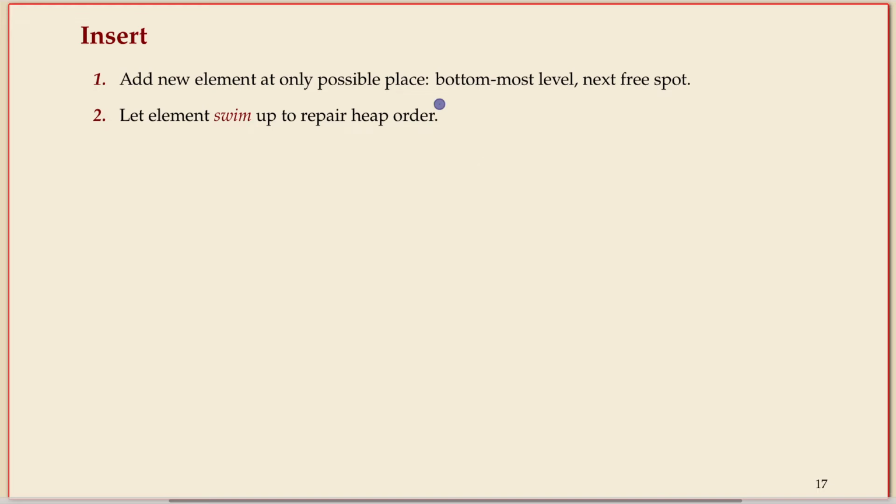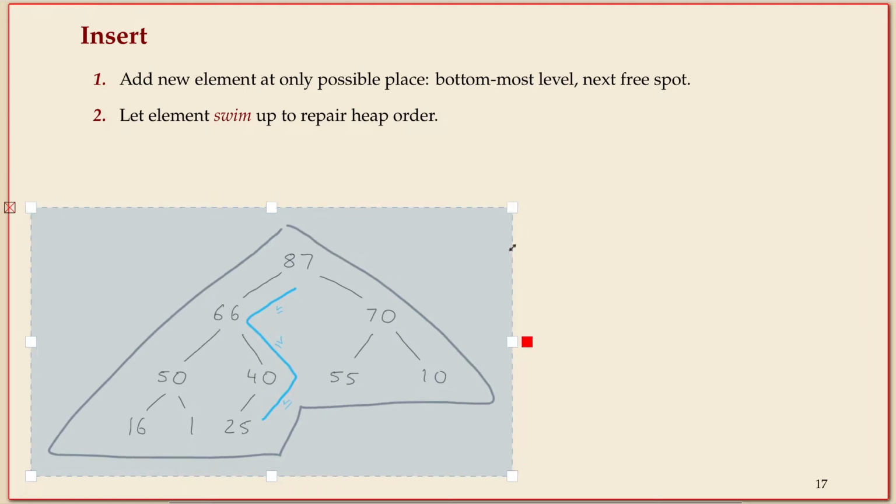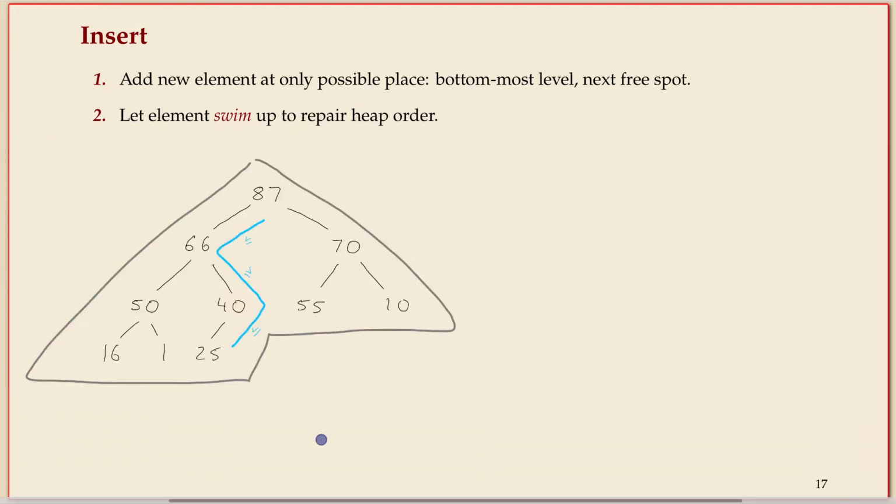So how do we insert a new element? If we take our heap from before, and you want to insert a new element, by the severe restrictions on the shapes that we allow, there's only really one spot you can go with a new element, namely on the last level, the next element here on this flush left.